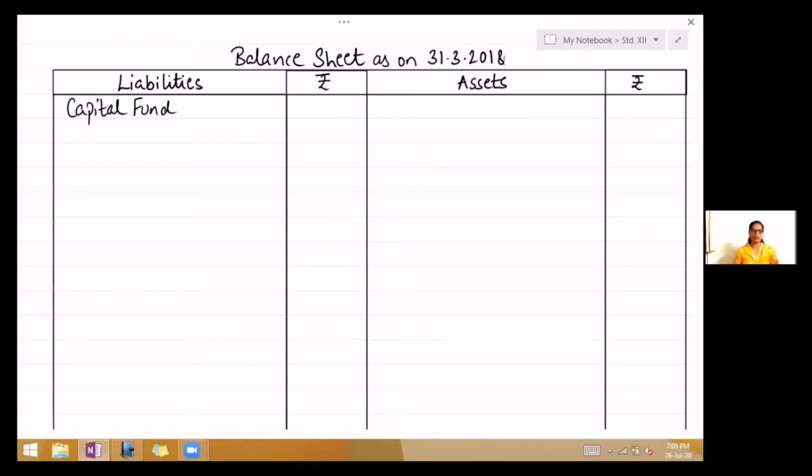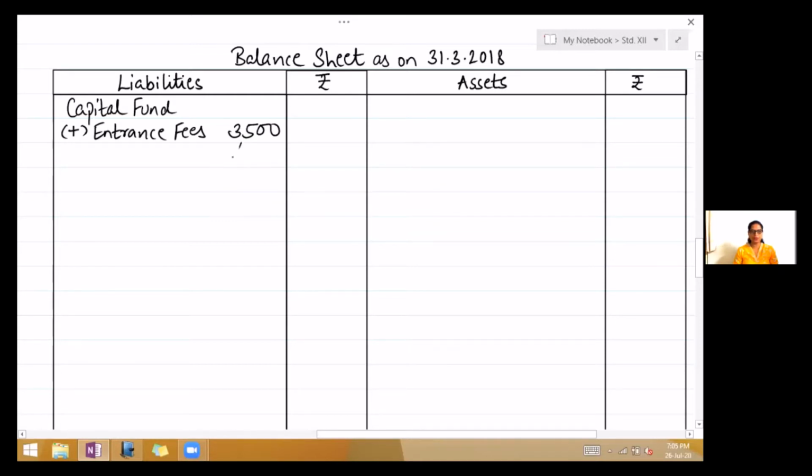Now while reading the adjustments, we have seen, they have said entrance fees are to be capitalized, means you will add it to capital fund on the liability side. So below capital fund, write add entrance fees, 3,500 in the inner column.